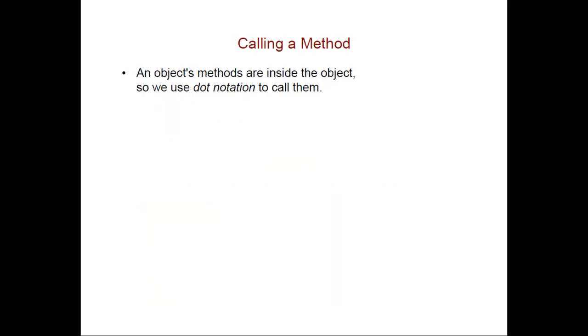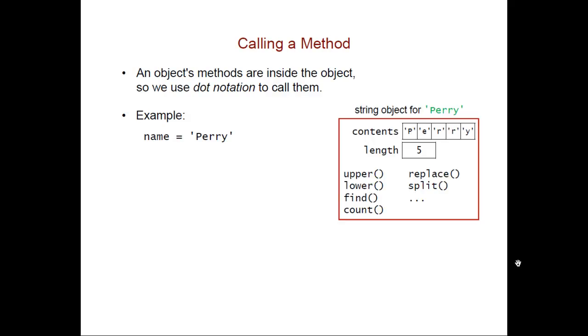Because the methods are inside the object, we're going to have to tell Python where to find them, and we do that using dot notation. For example, let's say we have a string Perry, and we assign it to the variable name. Here's what that string object might look like in memory. One of the methods available inside every string object is a method called upper, and here's what it looks like when we call it.